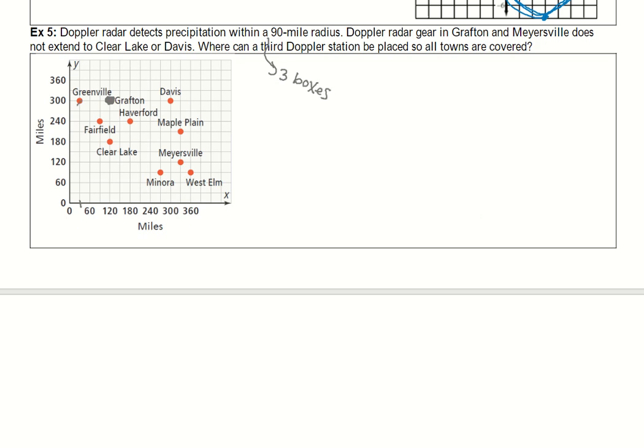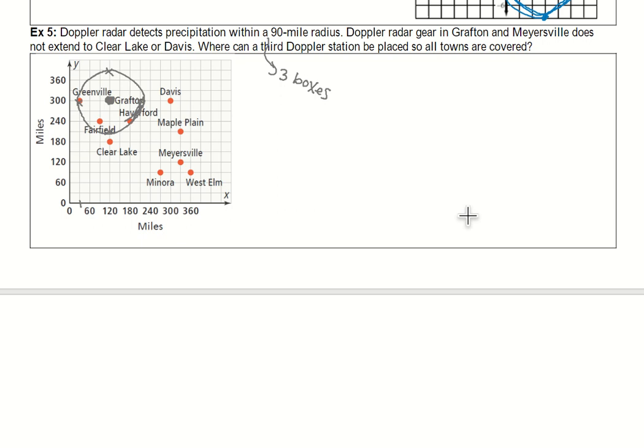So it would go to Greenville and then up 3 to the end of the word Grafton, and then down to right between Fairfield and Clear Lake. So if I draw this circle, it looks like it should go through Haverford, cover Fairfield, Greenville, and Grafton. Okay, so it looks like those 4 cities would be covered with that Doppler.